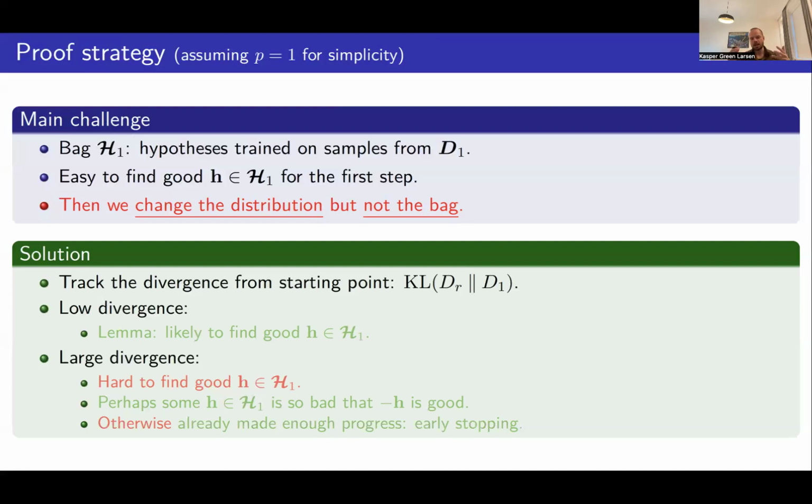Basically, the key in our analysis is to show that if you have large divergence and you cannot use the negation of a previous hypothesis, then this exponential loss has decreased so much as if you already did R steps. So then you don't have to do anything more. That's this last condition. And we need all these three cases, it turns out, to get this optimal behavior.